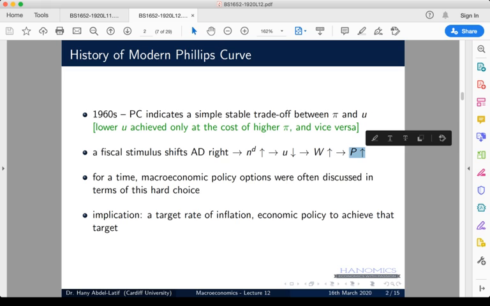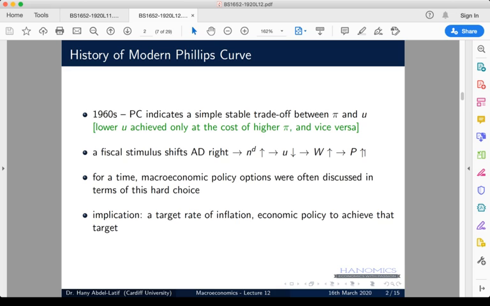So for some time, macroeconomic policy was mainly to choose the mix you want. Where do you want to be in that relationship? How much unemployment would you accept, or how much inflation would you accept if your target was to reduce the unemployment rate?